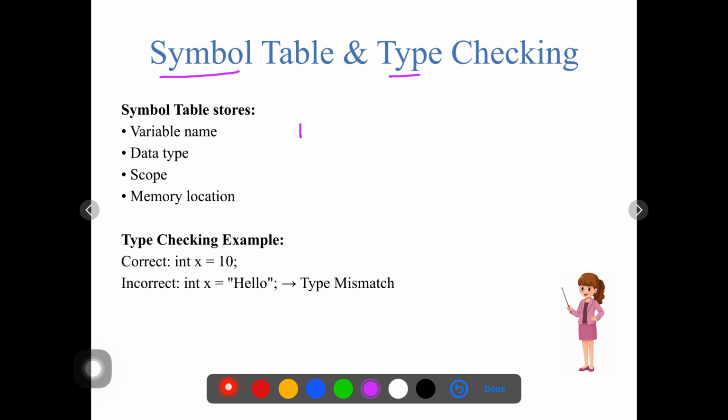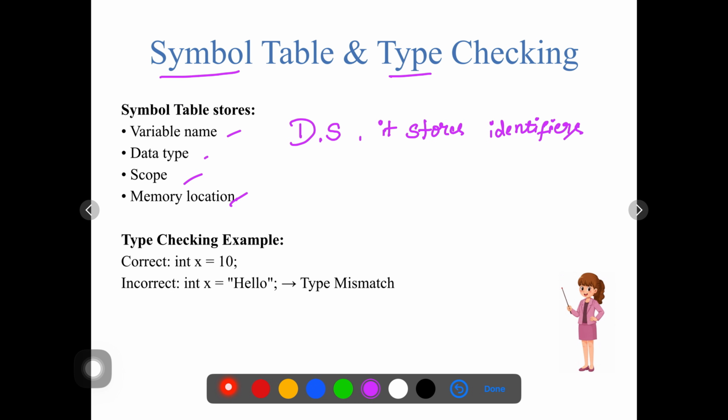Symbol table and type checking. The symbol table is a data structure maintained by the compiler. It stores the information about identifiers and functions used in the program. This includes variable name, data type, function details, scope, and memory location. Another important task is type checking.